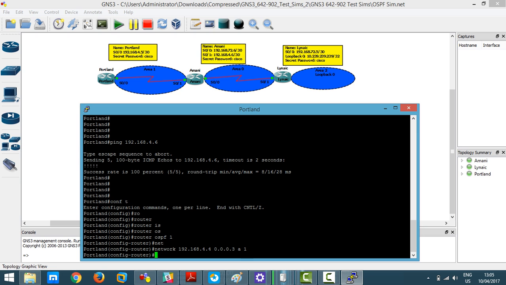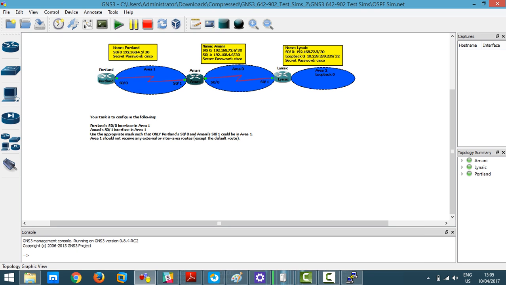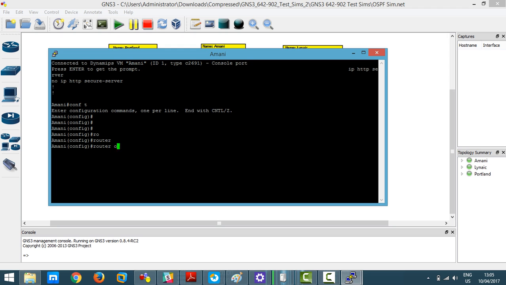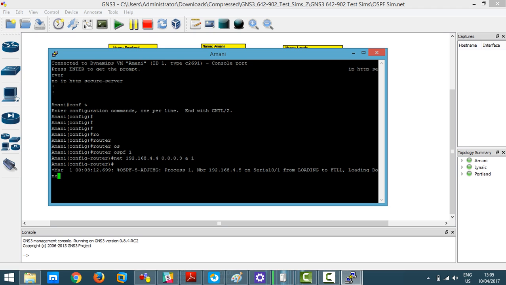I did this, and then I will go to the Amani router and do the same job. I will say router OSPF 1, the same command, network 192.168.4.4 with the wildcard mask 3, in area 1, and the neighbor relationship will be formed in a few seconds. By default OSPF takes about 10 seconds, and it's done.